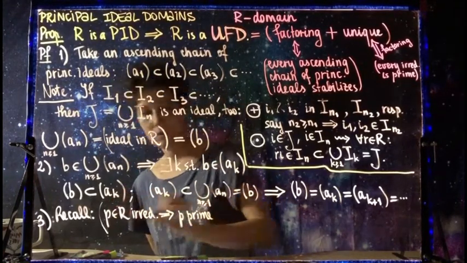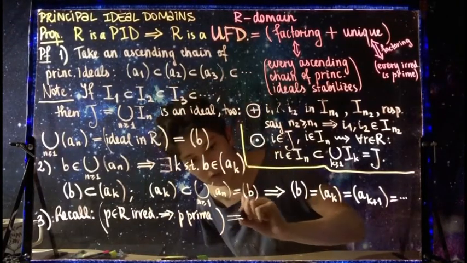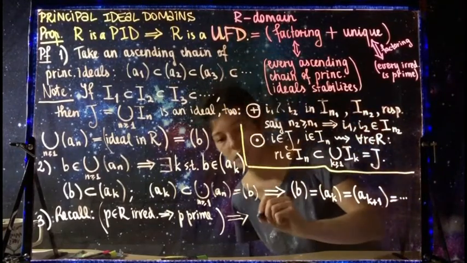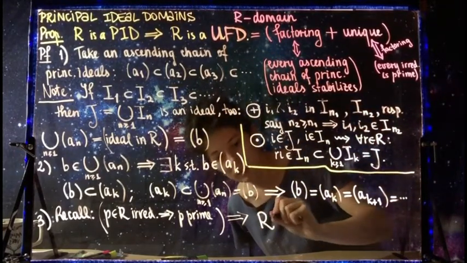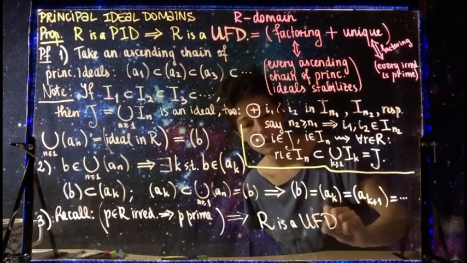And then from the results of the previous lecture, it means that factoring is unique. So R is a unique factorization domain.